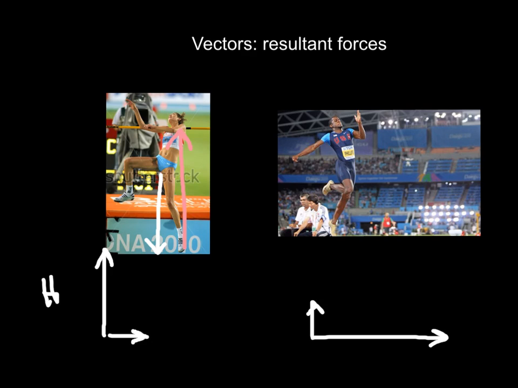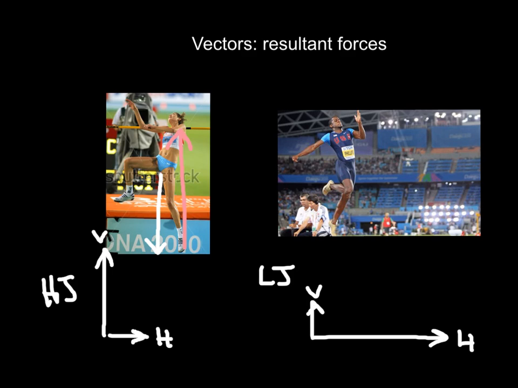That is the classic high jump vector, and that is the classic long jump vector, okay? That's a horizontal force, that's a vertical force, there's a horizontal force, there's a vertical force, sorry.